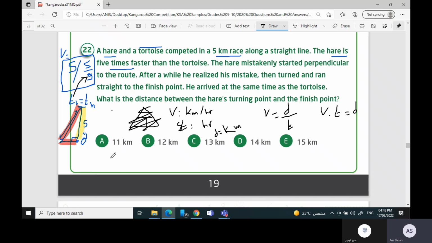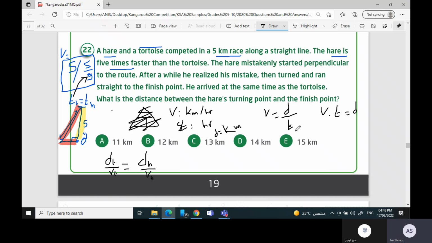D over V. So the distance covered by the tortoise over the velocity of the tortoise, this time is equal to the distance covered by the hare over the velocity of the hare. So because T is equal to T.